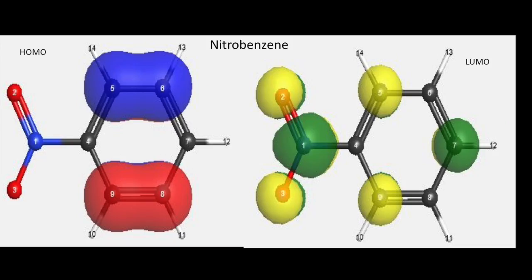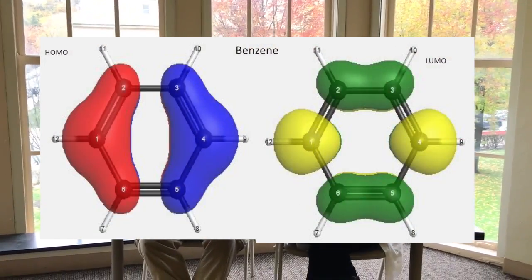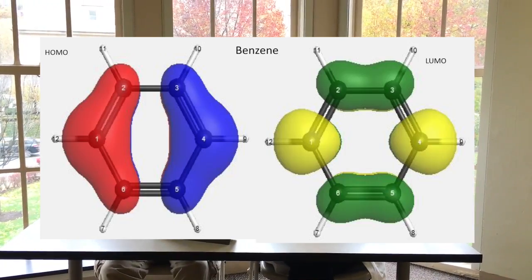And then nitrobenzene, the HOMO lobes covered the meta position, and the LUMO lobes were smaller and centered over the para and ortho position. How did these results relate to the activating or deactivating nature of the substituents? Well, for benzene, the HOMO and LUMO were similar, and that supported the relative unreactivity of the benzene molecule.